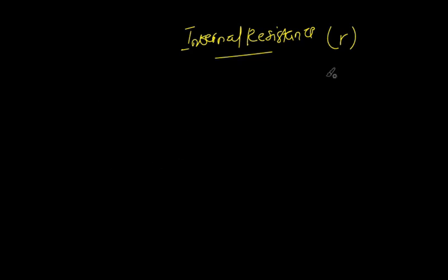Whenever we have an internal resistance, the total resistance of that particular circuit becomes what? The R total becomes the resistance of the resistor, in case we have a resistor over there, plus the internal resistance of the cell. So this is what we get as the total.